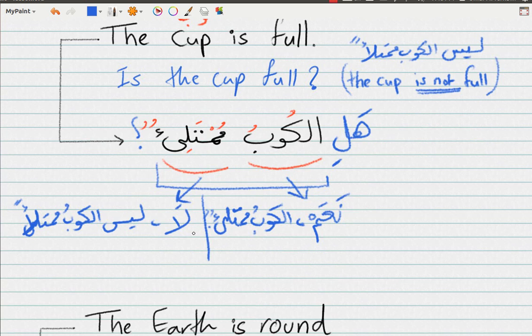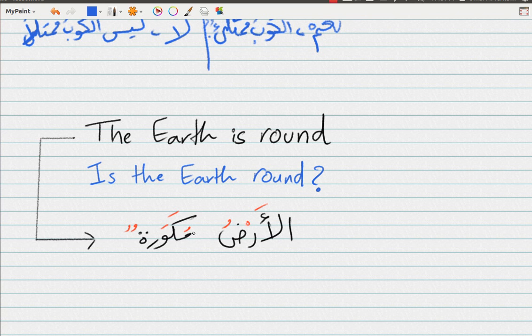Great. Now another example. If you want to ask, is the earth round? To ask that question, first you have to start by translating the earth is round into Arabic.